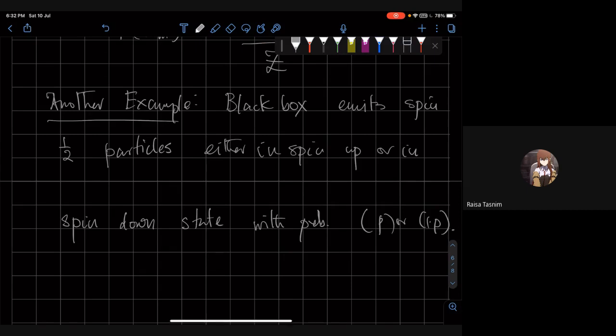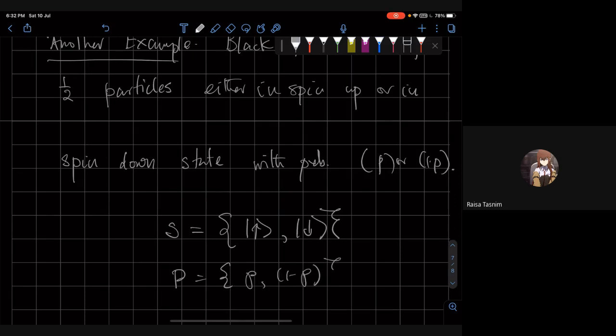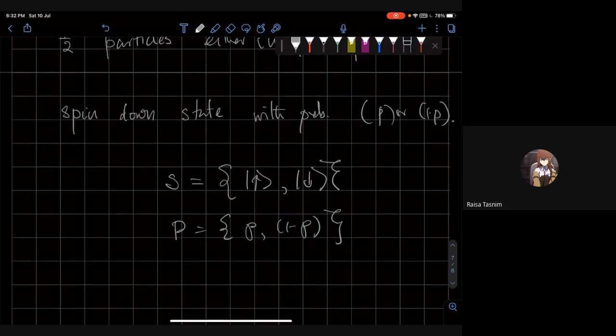So this is a situation where S consists of spin up and spin down, and P consists of small p and 1 minus p. Okay, so these are two situations.